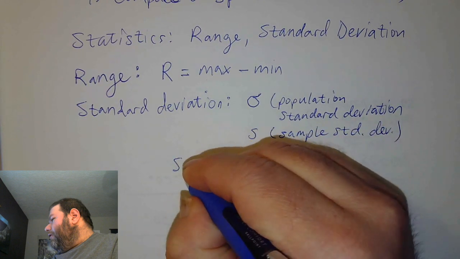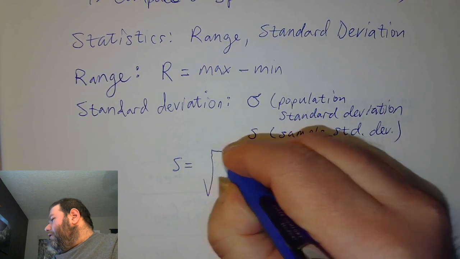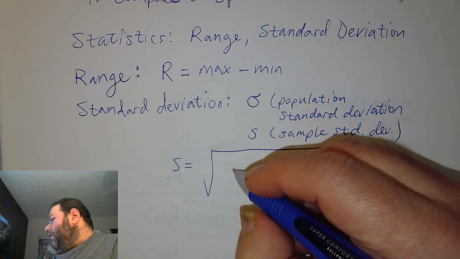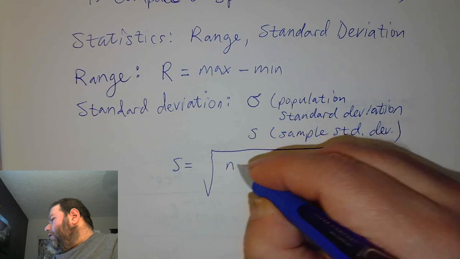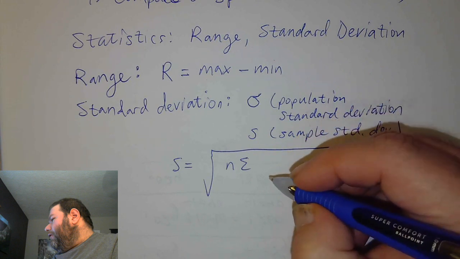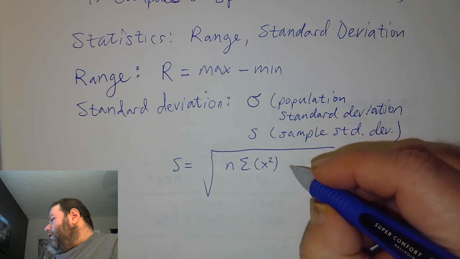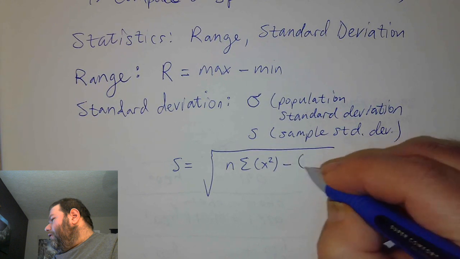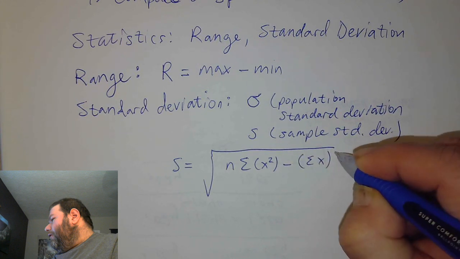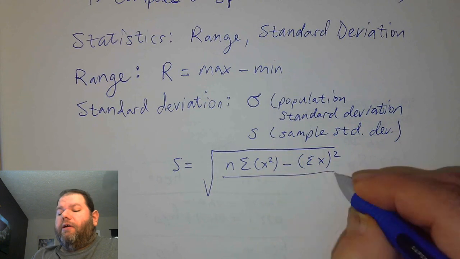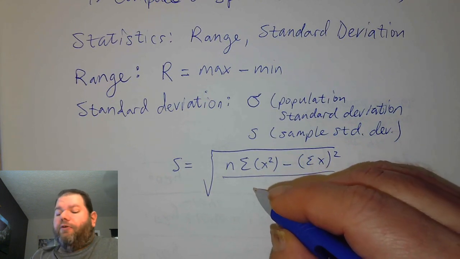The formula for S is the square root of n times the sum of the data values x squared minus the sum of the data values of x in parentheses squared divided by n times n minus 1.